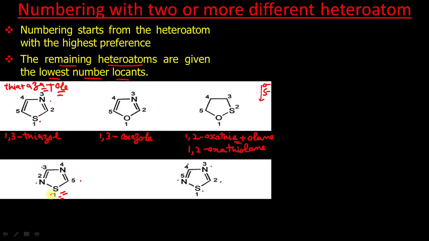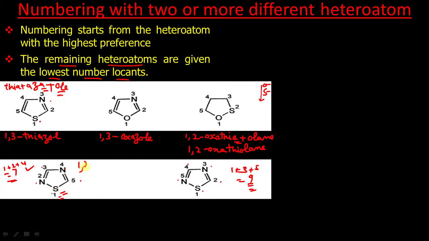If we do numbering by this case, the sum of locants is 1 plus 2 plus 4, equal to 7. Now if we do it from this side, it is 1 plus 3 plus 5, which is 9. So this is less, this is more. So this is the correct numbering.